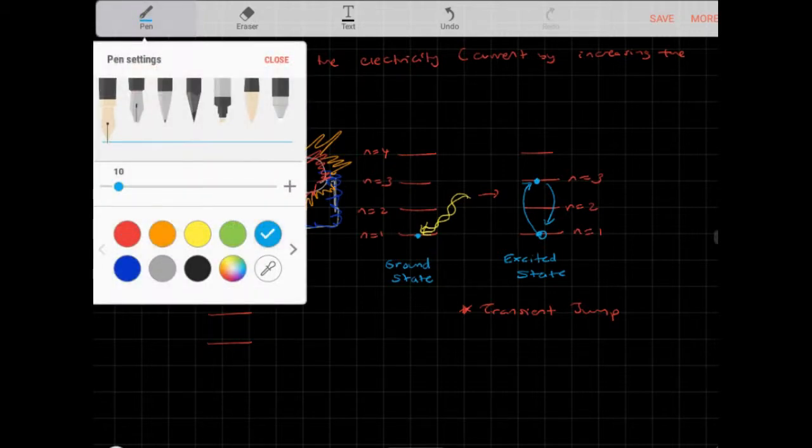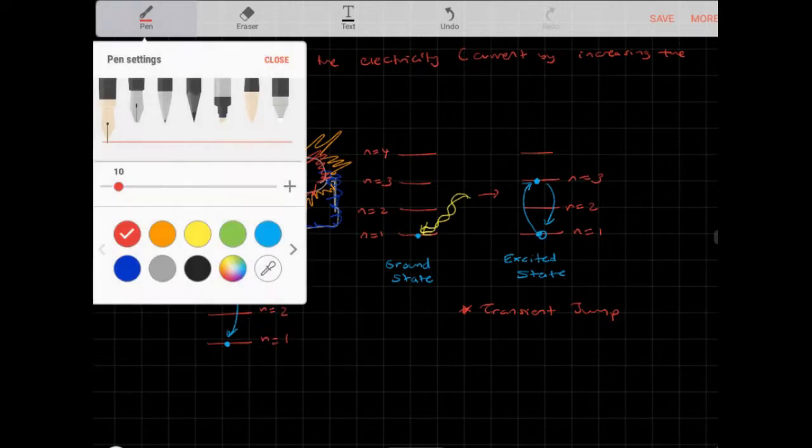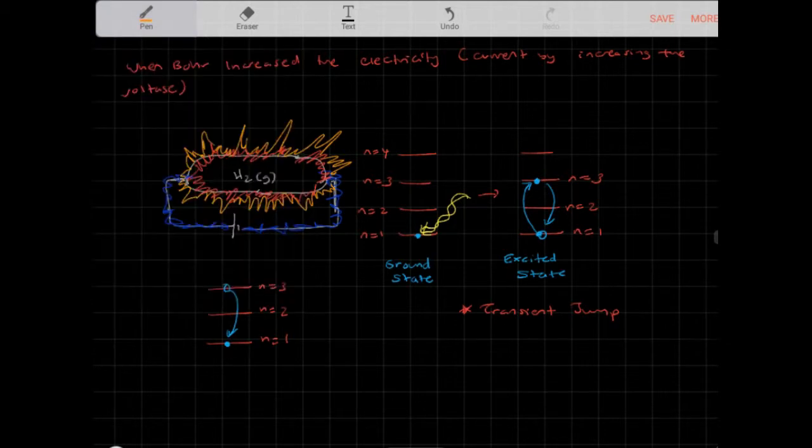So in this case, the electron falls back down from the third energy level back to the second. So this is n is equal to 3, n is equal to 2, n is equal to 1. The energy that it absorbed gets released as a certain wavelength of photons.